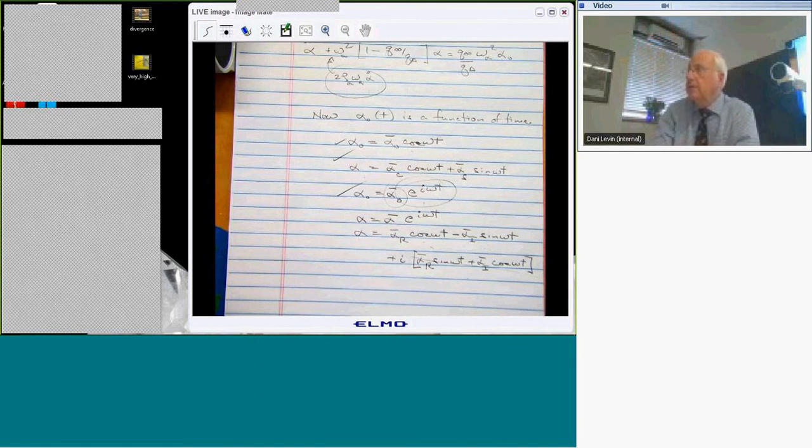But alpha naught is the angle where there's no torque. No twist. Yeah. So you're going to press me on the physical plausibility of this? Forget about it. This is an exercise. But I tried to rationalize it a moment ago, but I don't want to overstate it.